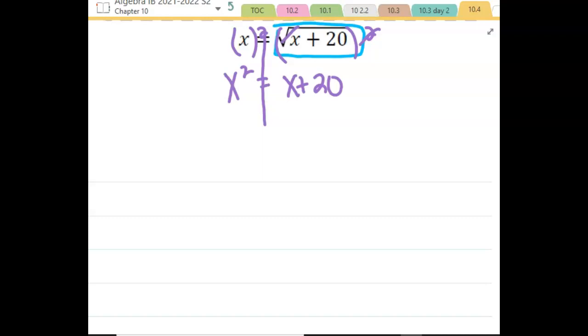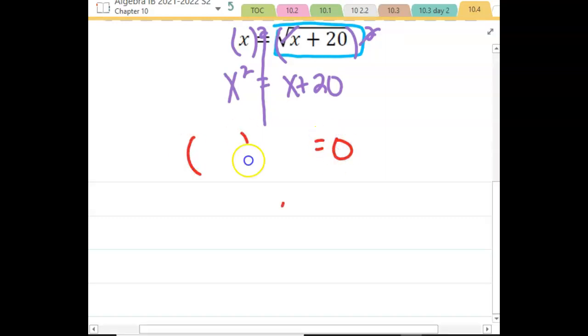So remember all those methods we learned last chapter? The square root method, factoring, completing the square, the quadratic formula. You have to use one of those methods to solve this. Now, for all of the problems today and tomorrow, you will be able to solve them by factoring. So as a reminder, how we solve by factoring, we use the zero product property.